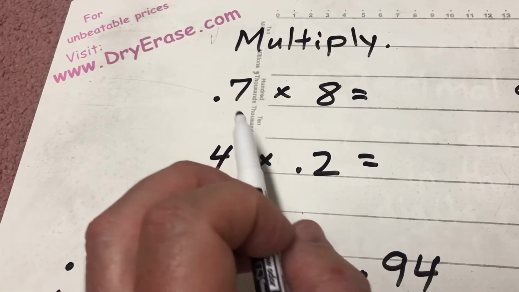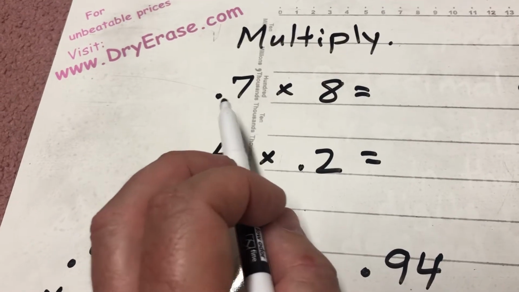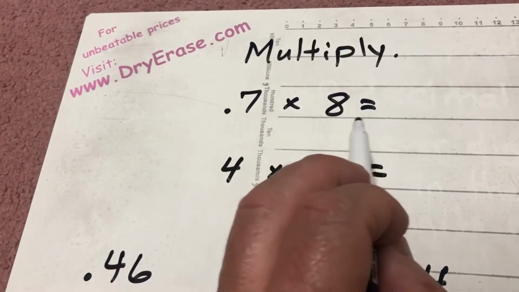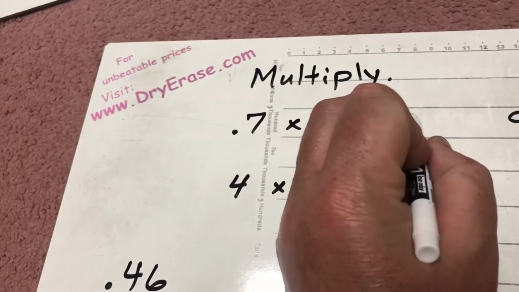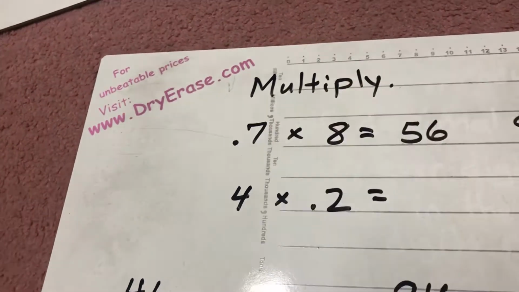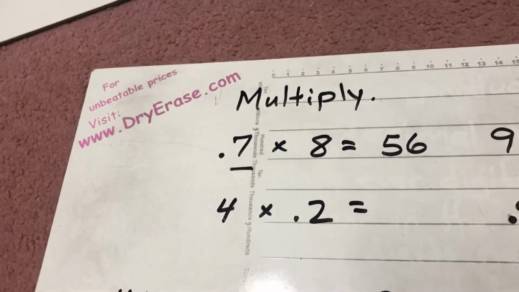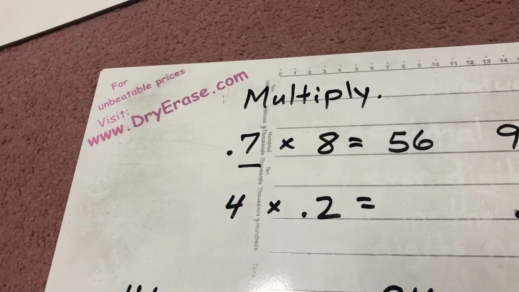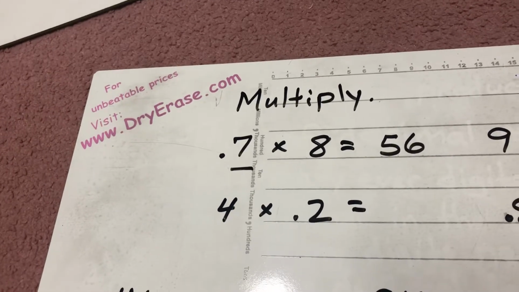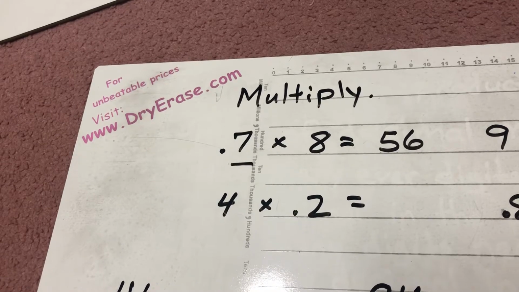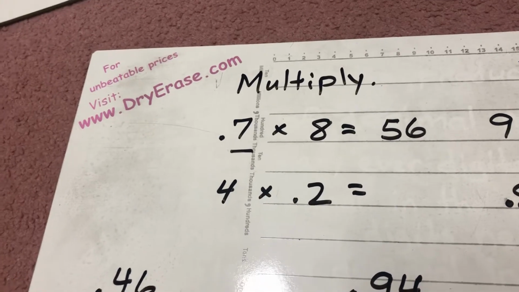So when we look at this first example, it's 7/10 or 0.7 times 8. But all I think of is 7 times 8. Well, 7 times 8 is 56. There is one digit, the 7, that comes after the decimal in the problem. So I need one digit to come after the decimal in the answer.